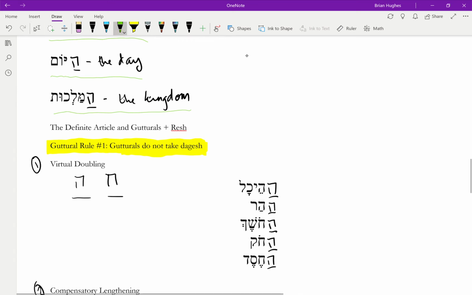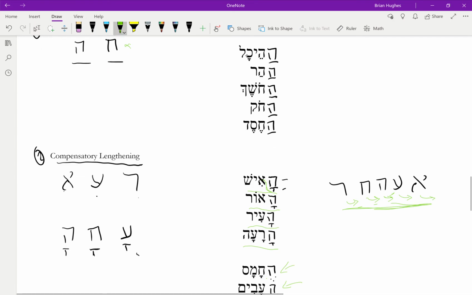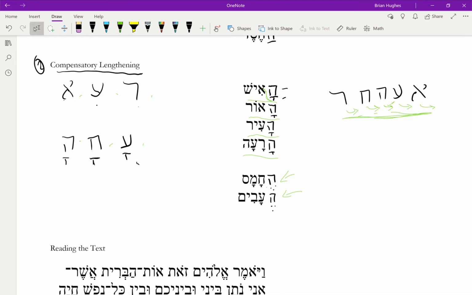If I just see a patak and it's followed by a hey or a chet, then yes, I'm dealing with a definite article. Or if I'm dealing with some gutturals, then I might expect to see some changes. But just to remember that the core of what we're talking about is this hey, patak, strong dagesh in the first consonant.